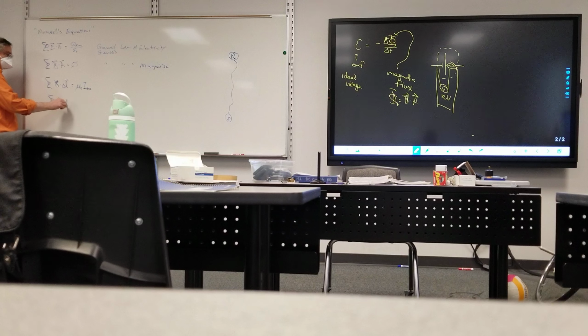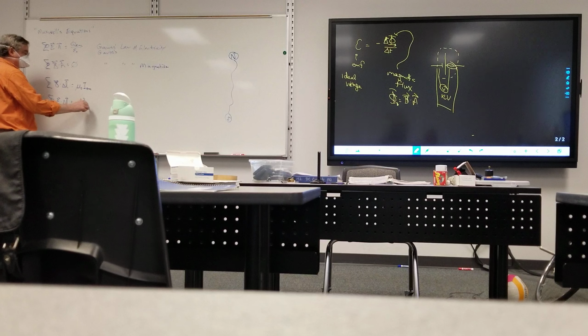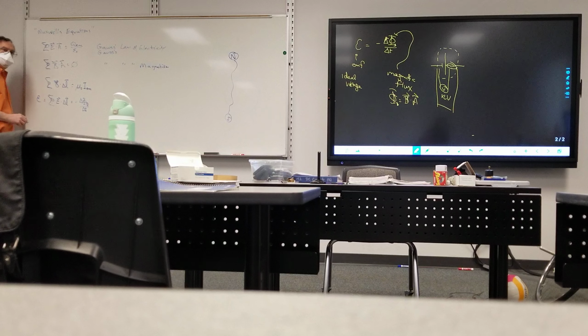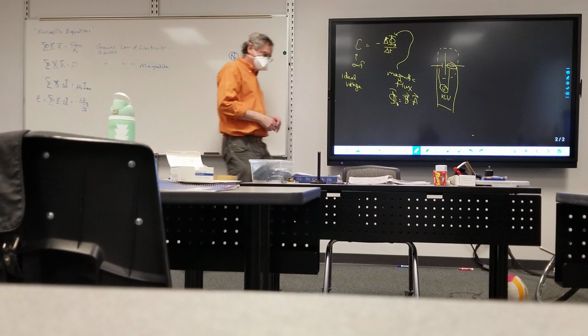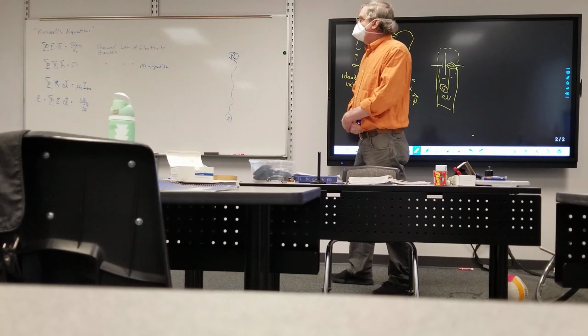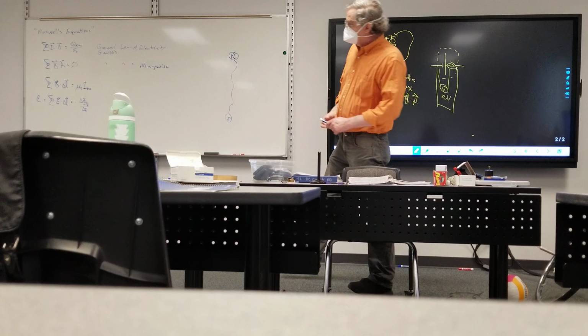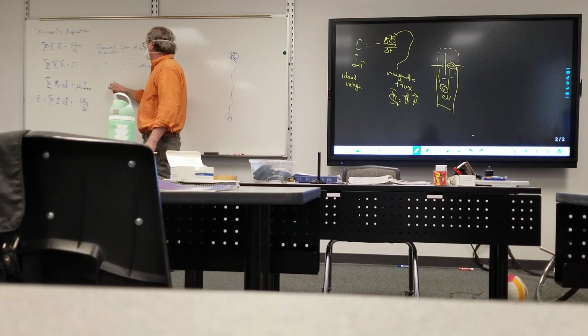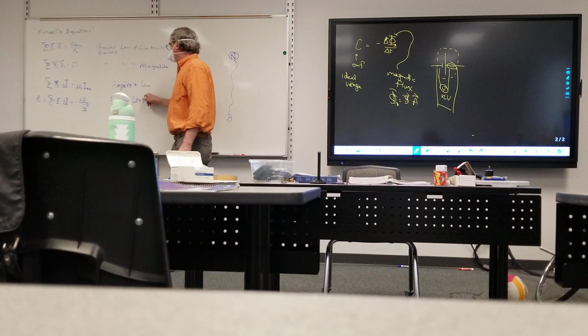The electric field times the length is equal to negative change in magnetic flux. This is Ampere's law. This is generally called Faraday's law. And I'm going to throw in Lenz, Faraday and Lenz's law.